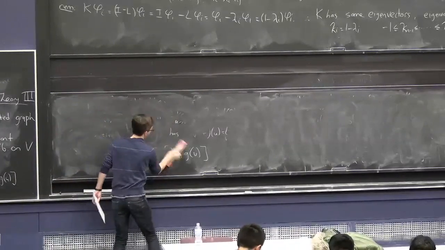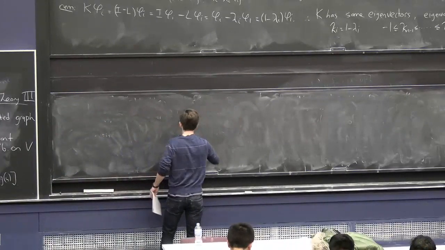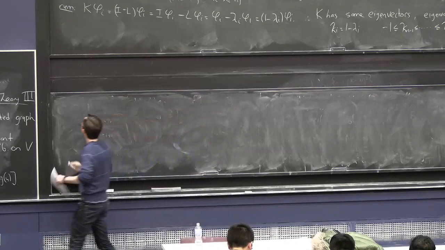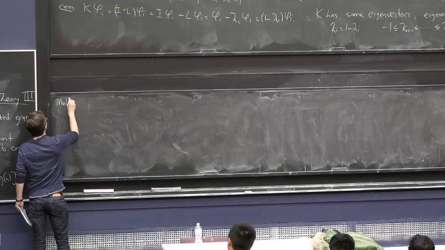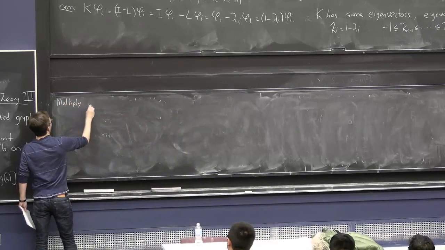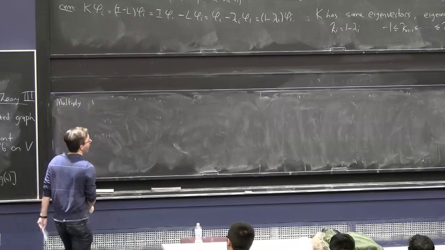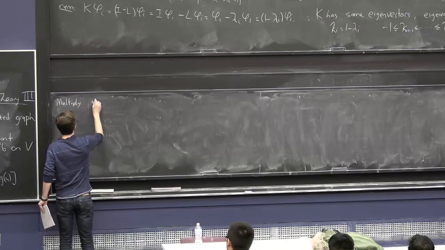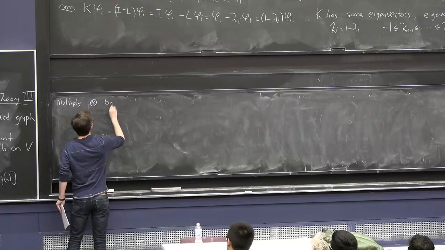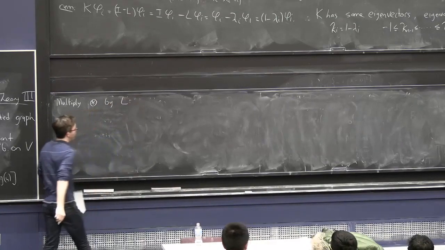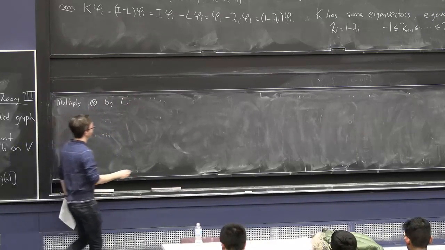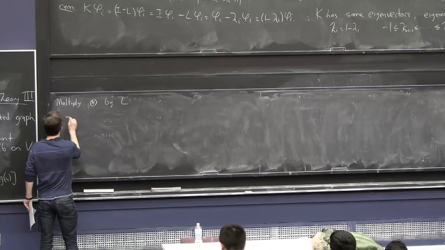It's basically the same kind of calculation. If we multiply star by L on both sides, a vector equation multiplied on both sides by this matrix L, we get the expansion for Lf.